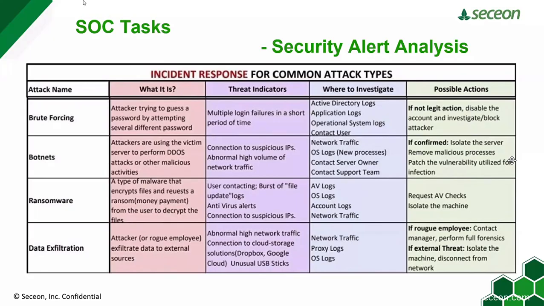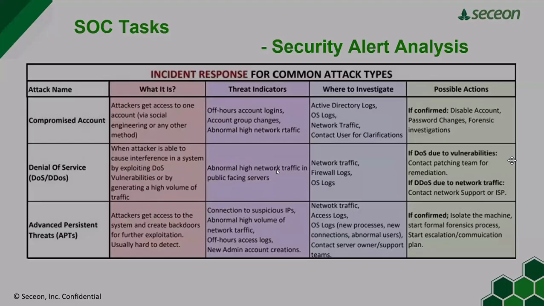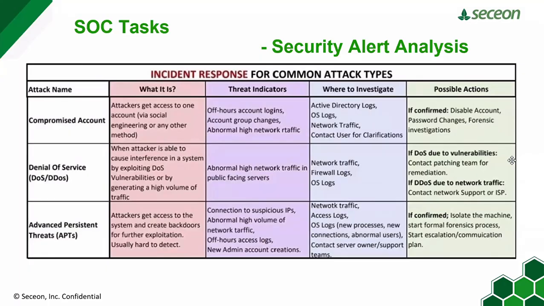Moving ahead, we have some more attacks you can see, like DoS or DDoS attack, denial of service, compromised account, as well as advanced persistent threat. Now an advanced persistent threat is going to give the attacker access to back doors.